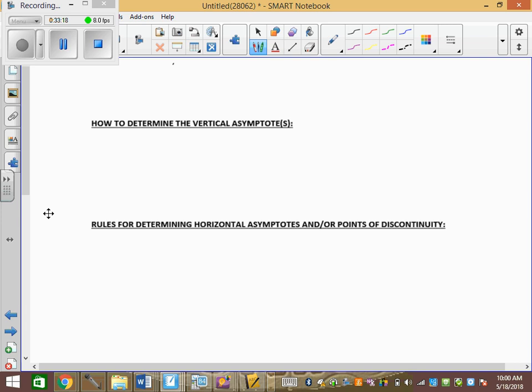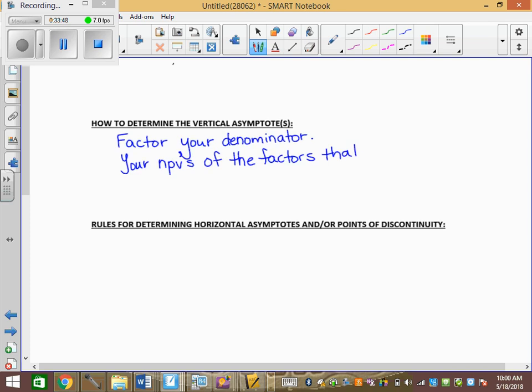So you factor your denominator, if you can. The non-permissible values, your NPVs, of the factors that do not cancel are your vertical asymptotes.